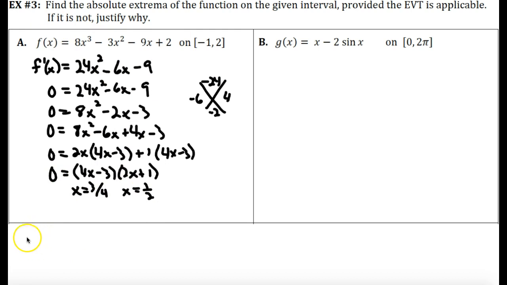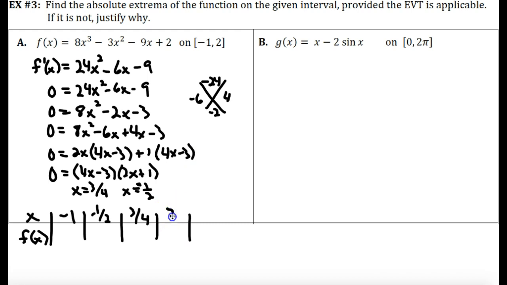I'm going to make a chart: here are my x values, here are my f of x values. I'm plugging in -1, and I'll just write them in order. Oops, I messed up. This should be -1/2. Then I'm going to plug in 3/4, and then my final value at my endpoint of 2. Those are all my candidates for the absolute min or the absolute max.